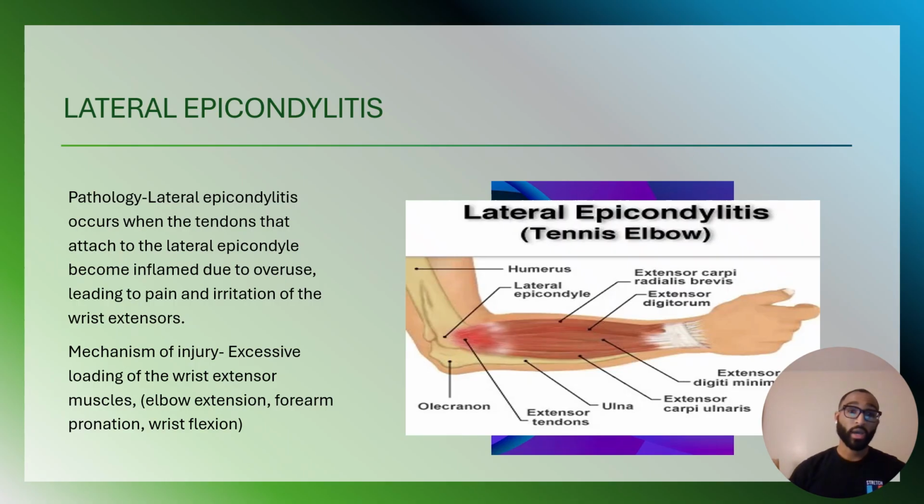And that's the main reason why it's commonly referred to as tennis elbow, because when you're swinging a tennis racket, you're in a pronated, extended, and then wrist flexed position. And then that repetitive load is going to eventually cause inflammation within that insertion point of the lateral epicondyle. So all those muscles that are inserting right there get irritated over time.